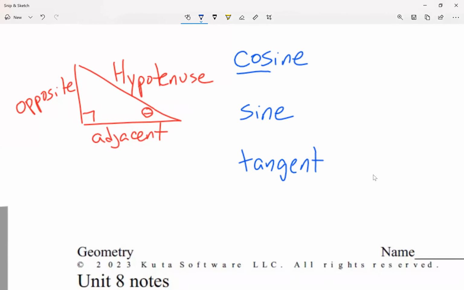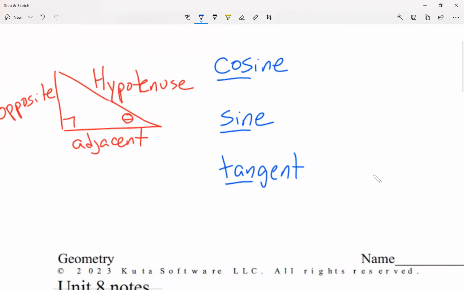So COS means cosine, SIN means sine, and TAN means tangent. Cosine is a fraction: adjacent over hypotenuse.